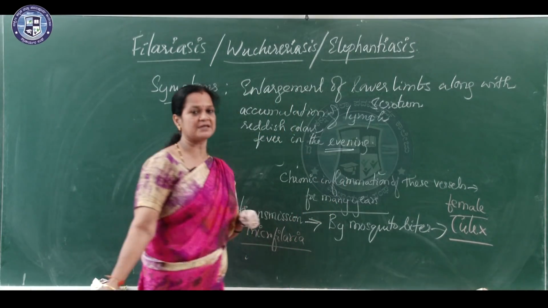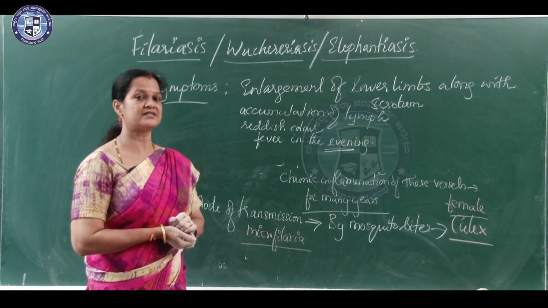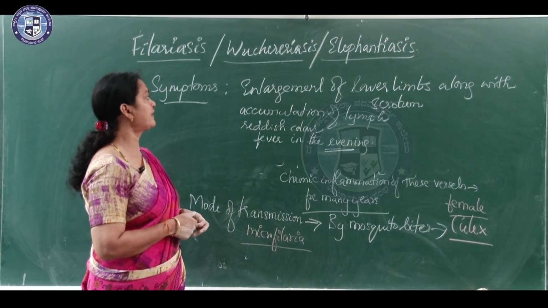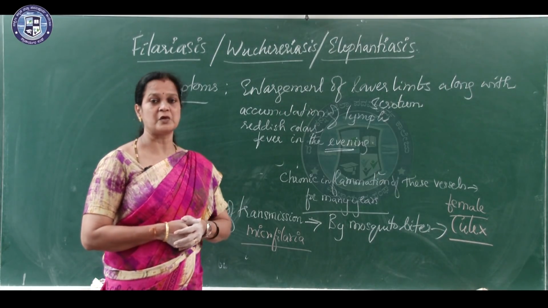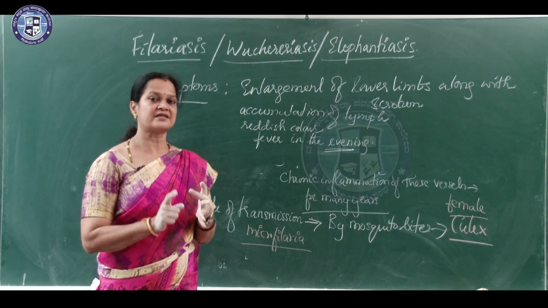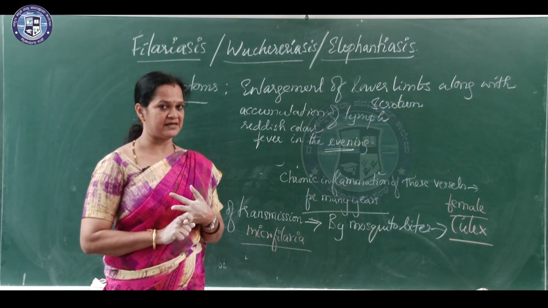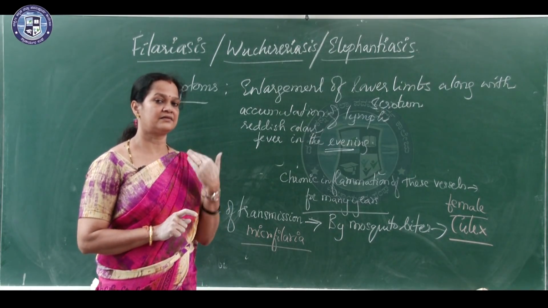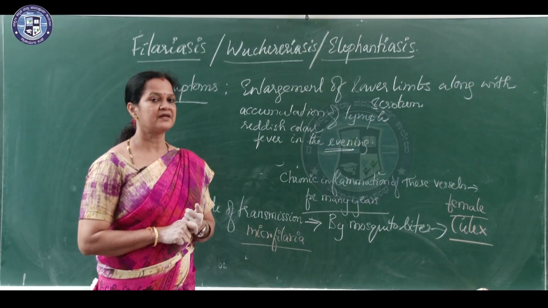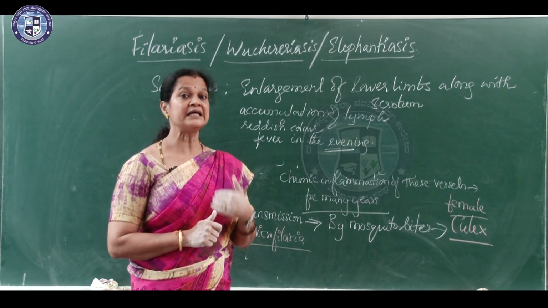Okay. This is about filariasis, Wuchereriasis or elephantiasis. So, Ascariasis and Wuchereriasis or filariasis are the types of helminth infection in our body. Then we will move on to the fungal infection.